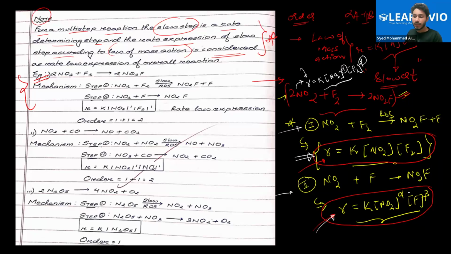So you have to replace this F with your F2, because I need NO2 and F2, as they are in my main rate law expression. I need to replace this F with the help of this reaction.